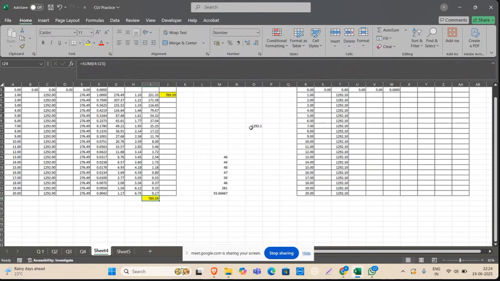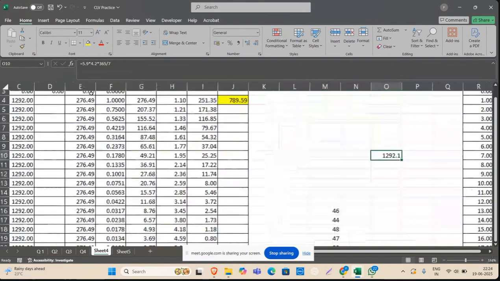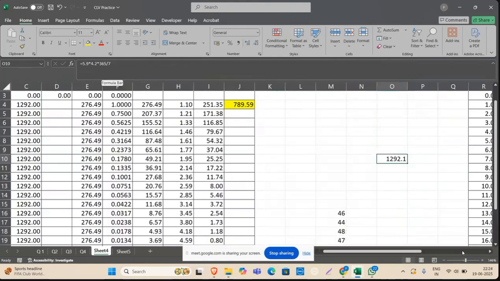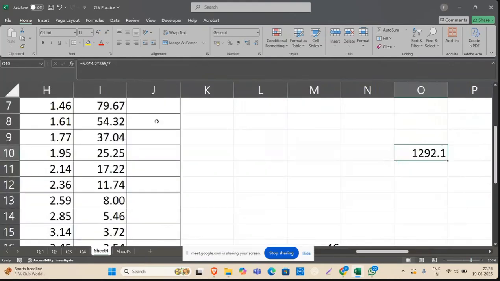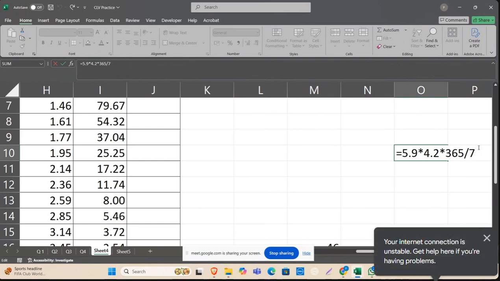Can you see this formula here now? 5.9 into 4.2 into 365 a year divided by the 7 week days. This is the trickiest part of this question.